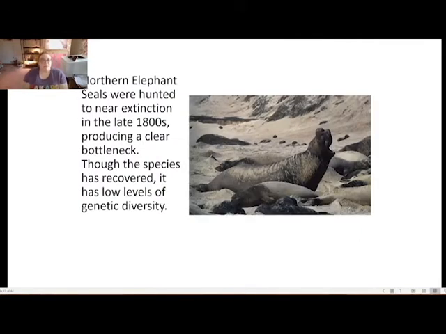Another example of a genetic bottleneck that we caused, unfortunately, again, is the northern elephant seal. These animals were hunted to nearly extinction in the late 1800s. We actually thought they were extinct for a number of years, but we did discover them.